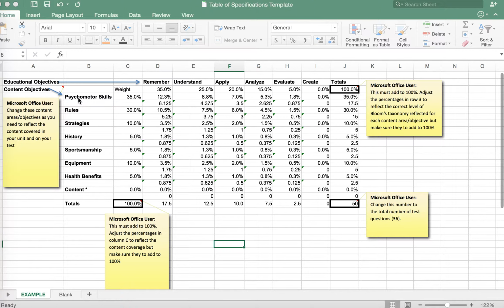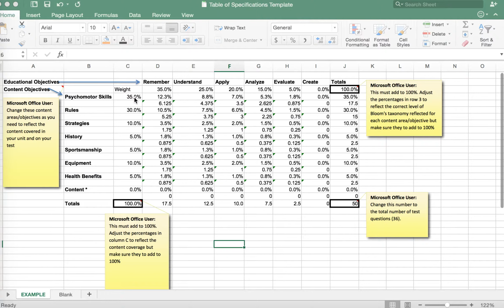So this is the things that were taught during your unit: psychomotor skills, rules, strategies, history, sportsmanship, equipment, health benefits, and content. Now, what's in the middle of this is percentages of how much we want for each category. So let's think about volleyball. In volleyball, how much of our unit did we spend learning psychomotor skills?